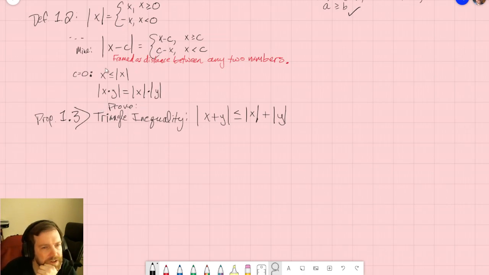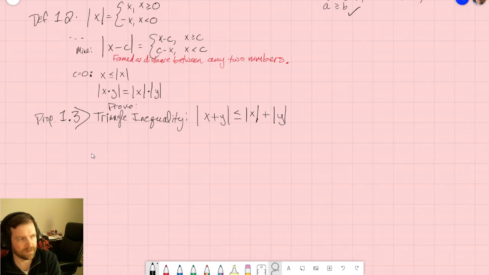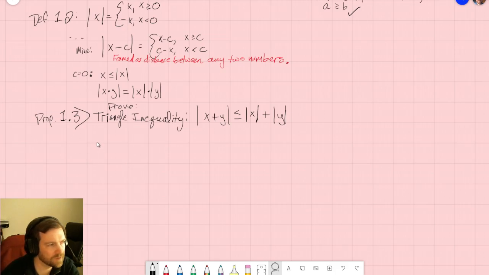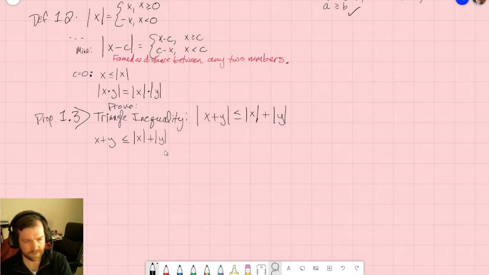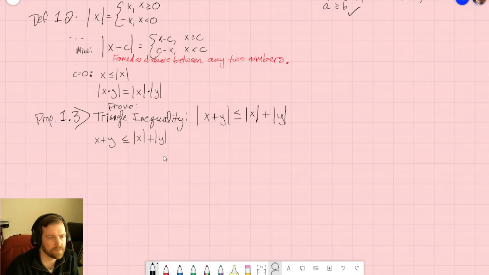Okay, so let's see. If I use these things, I can't really use a whole lot else, so I've got to start from here. I think I can get away with this. The absolute value of x plus y is going to be less than or equal to the absolute value of x plus the absolute value of y.